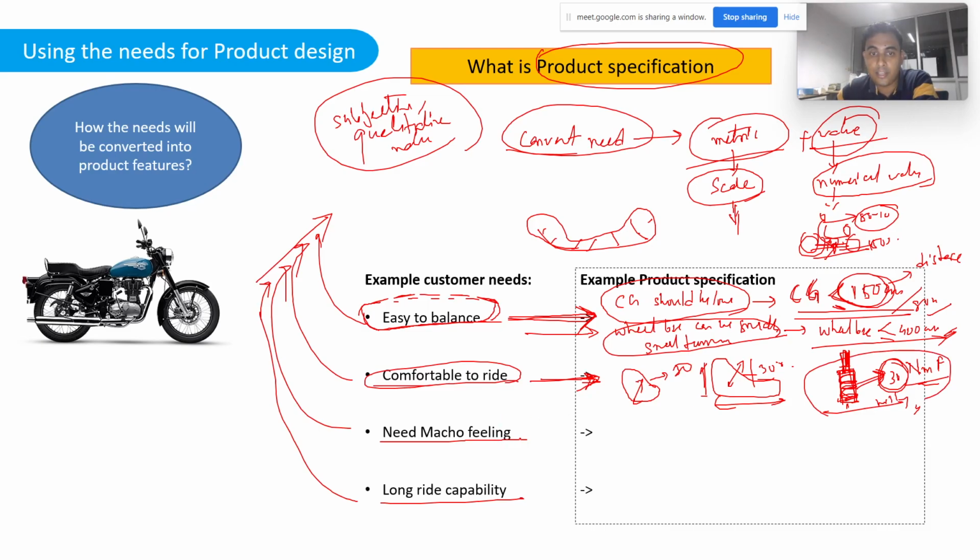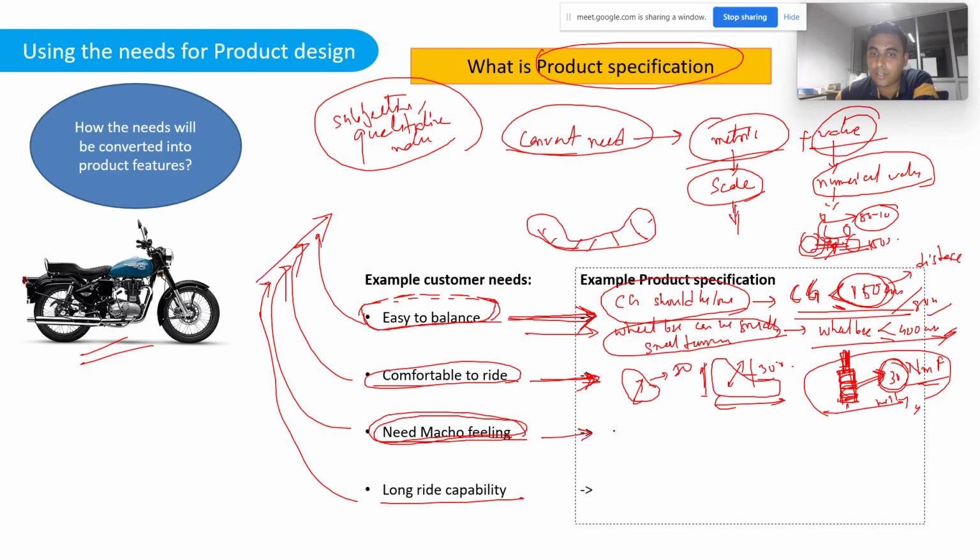Then need macho feeling. Now this is very important for someone owning a classic bike. So what do you think is the specification? I guess for this, we have the positioning of the handle, because the straight handle gives the feeling of expanded hands and gives the feeling of macho.